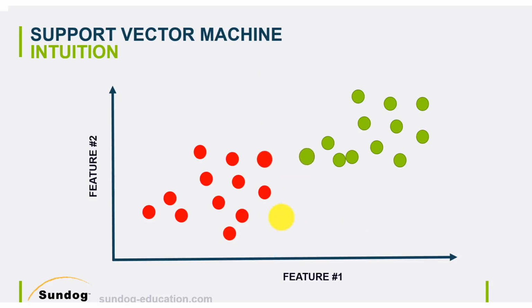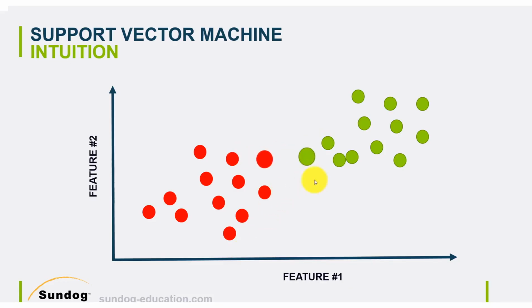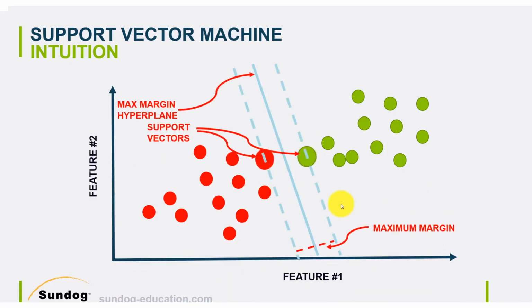So what the support vector machine does is look at the extreme points, these two points. We call them support vectors, which are the points that are extremely on the boundary. I'm going to show you a practical example of what I mean by a boundary. Then we choose these two points and draw a line in between that tries to maximize what we call the maximum margin.